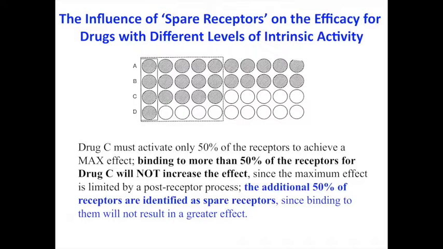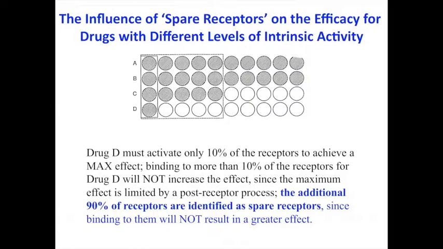It has to occupy 50% of the receptors, but 50% can be unoccupied and you'll still get the maximum effect. So in terms of intrinsic activity, D is given the value of 1. It's the highest. C will be given a value of, whatever it is. If 50% spare receptors, it'll be 0.2 probably. And A and B will have even lower intrinsic activity.